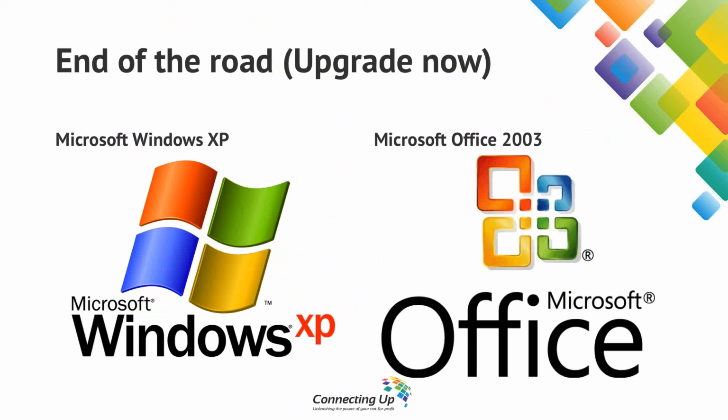And if the computers are connected to the internet, there is the possibility of security risks around both of those products. So if you do still have any computers with either of those solutions on them, please upgrade them now. We have refurbished computers available, or if a computer is new enough, you may be able to use Windows 7. Have a look. One of those would be the way forward, and say goodbye to Windows XP and Office 2003 forever.